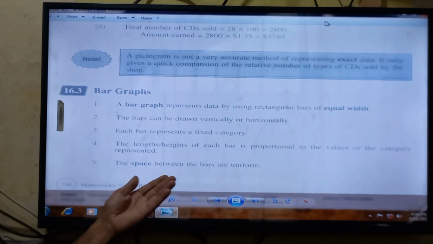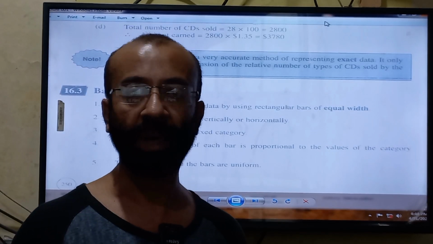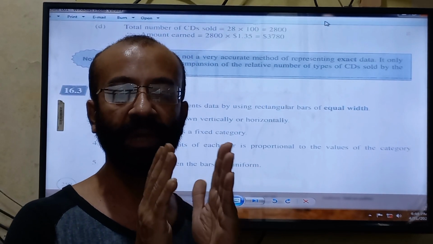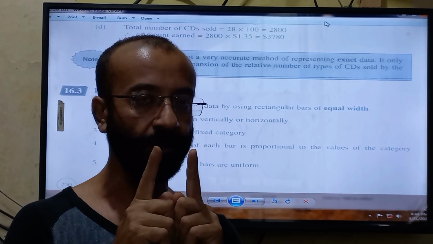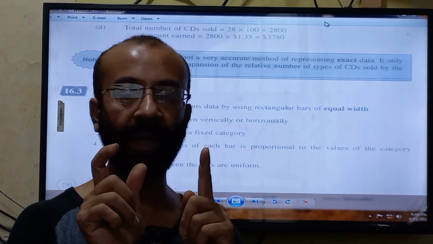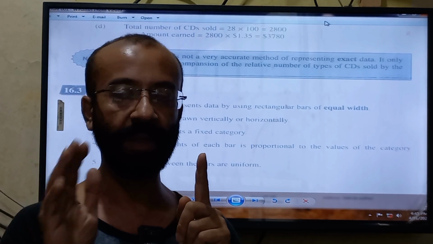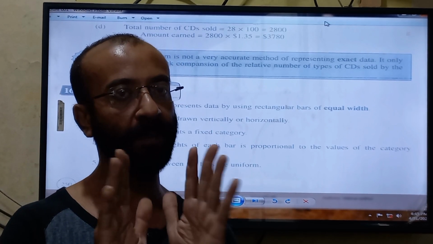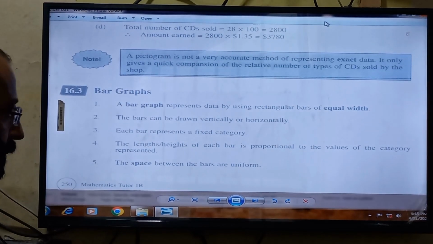The next is the space between the bars is uniform. So this is another very important rule. Whatever the space that you have given between the first and second bar, you have to follow the same rule. In second and third bar, same space should be there. In third and fourth bar, same space should be there. So space will be uniform within the bars. So these are the rules.